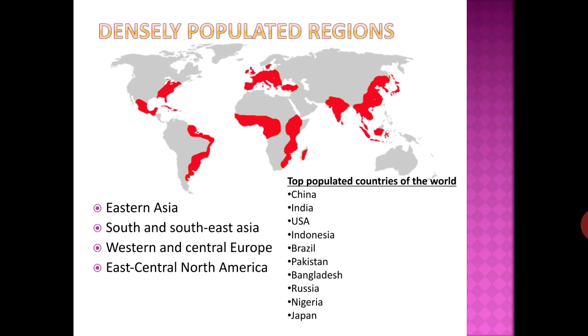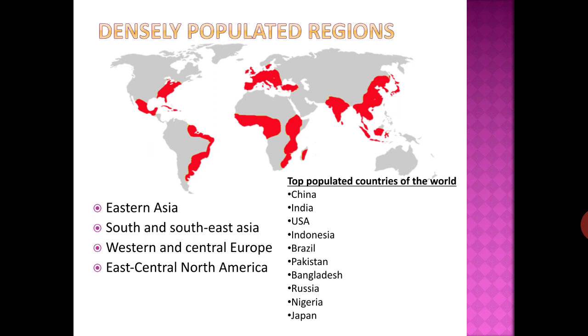So let us have a look at densely populated areas. Densely populated regions include countries that are developed agriculturally and industrially. Frequently, 4 major regions in the world have been identified as densely populated.